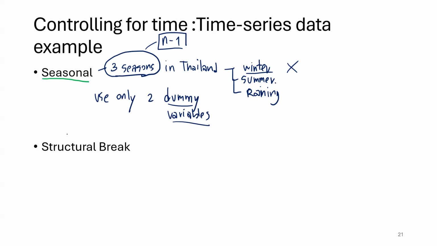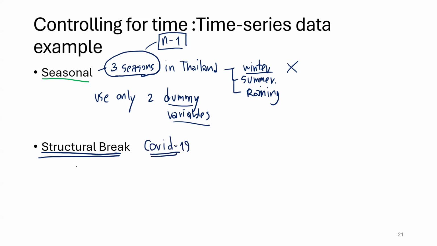This one is very famous in macroeconomics: the variable you may use for a structural break. For example, you would like to know the effect of COVID-19.